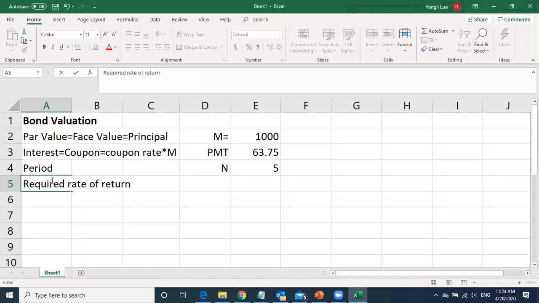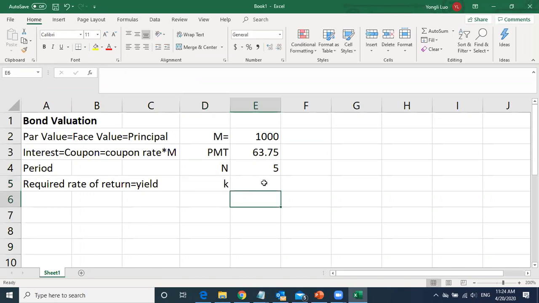Sometimes we call it the yield, the yield of the bond. We're using K or R, sometimes K and sometimes R, required rate of return, 8%.